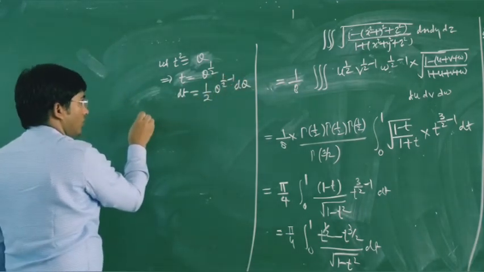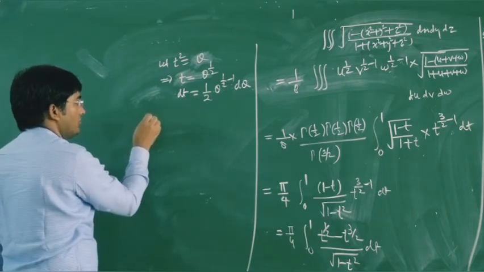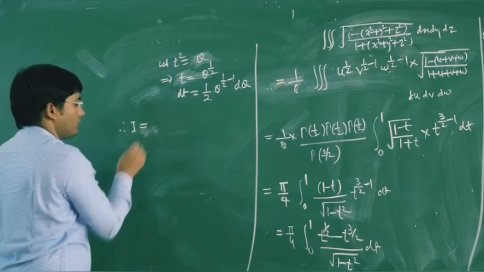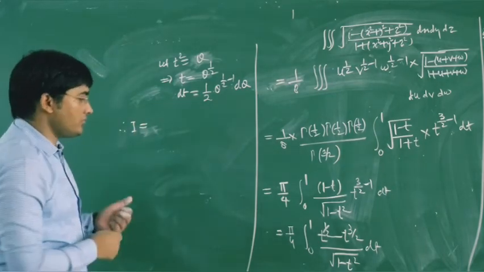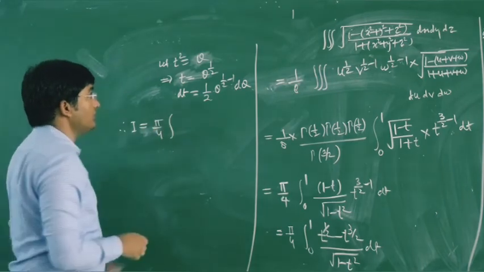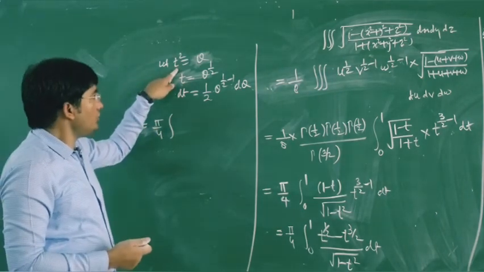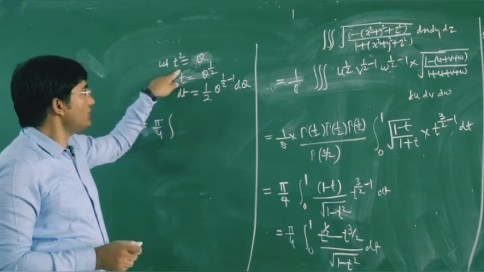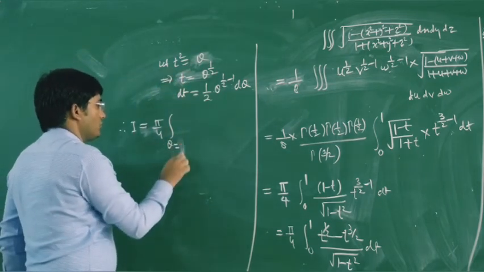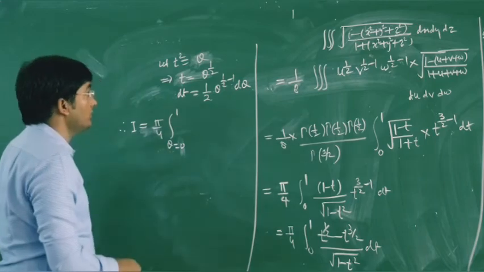So if the integral is I, the value of the integral is equal to pi by 4 and then 0. Now the limits: if your t is 0 then we will have theta 0, and if your t is 1 then we have theta equal to 1. So we have theta equal to 0 to 1, t power half.